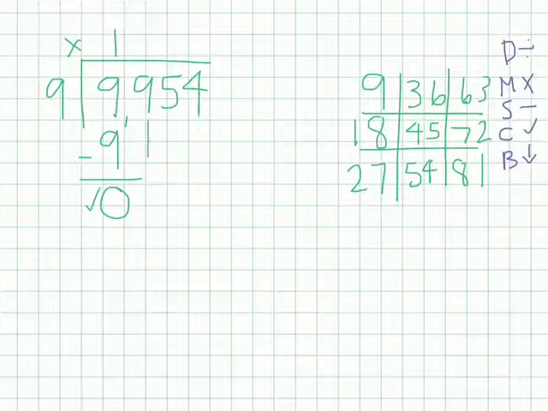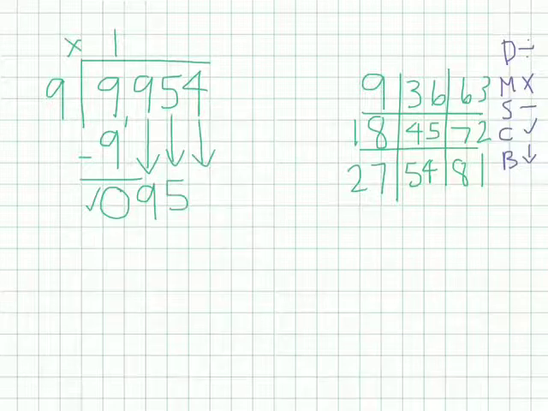And then I will bring down this digit here, which is a 9. And then I'll bring down these other digits as well. Okay, then I look at my number that I have here that I still need to divide out into 9 groups.